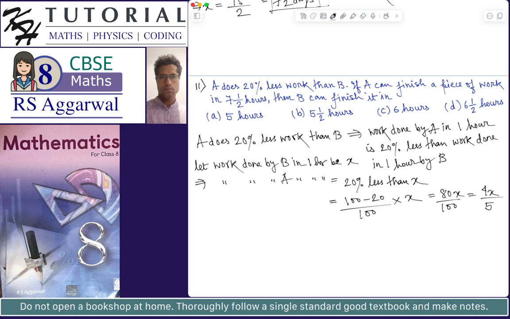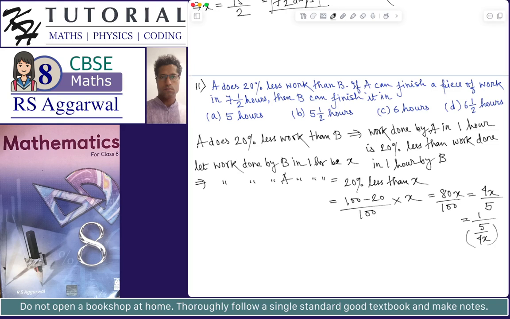What is given? A can finish a piece of work in 7.5 hours. So now, we know that the work done by A in 1 hour is 4X by 5, which we can write as 1 by 5 by 4X.